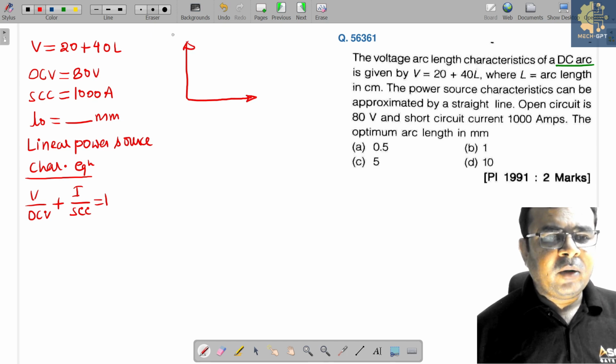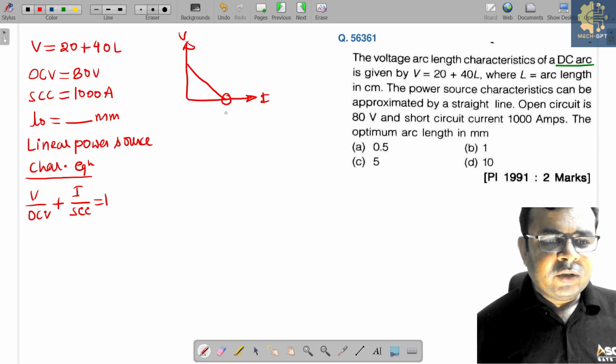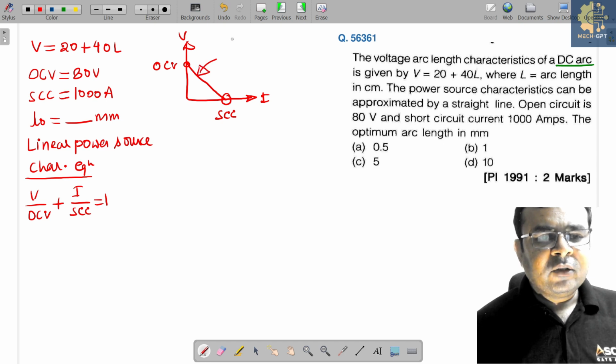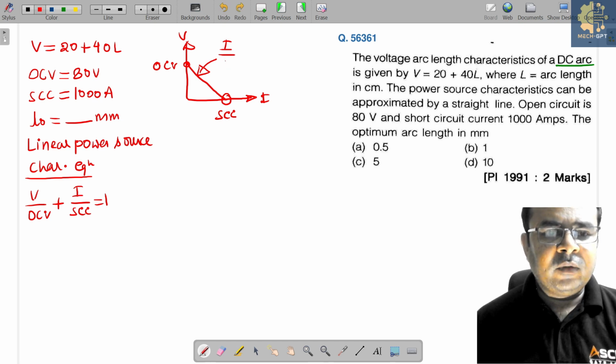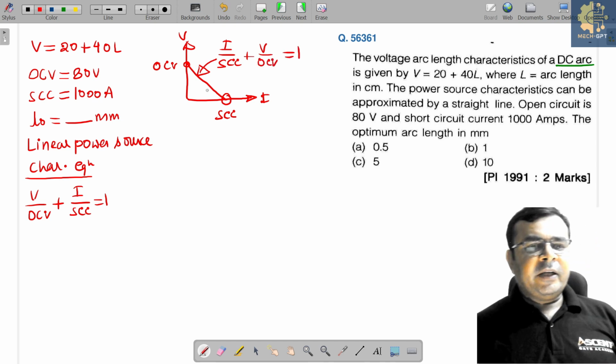Let's say I plot a graph between voltage versus current, and draw a line. It intersects the I-axis at this point, which is the short circuit current, and similarly here we have the open circuit voltage. So the equation for this line is current over short circuit current plus voltage over open circuit voltage equals 1.